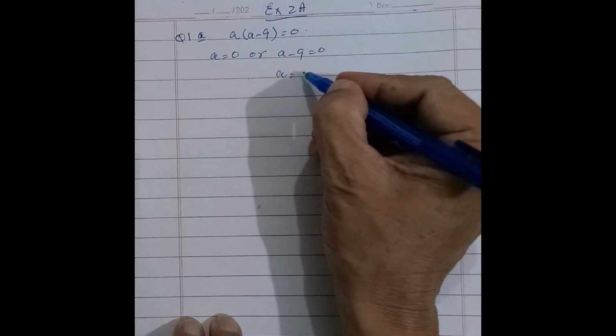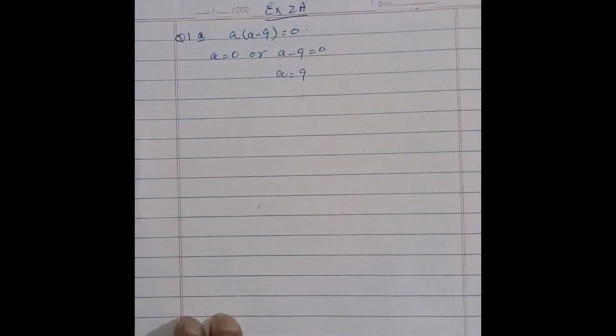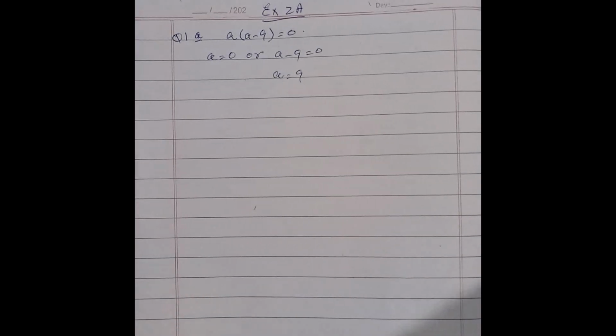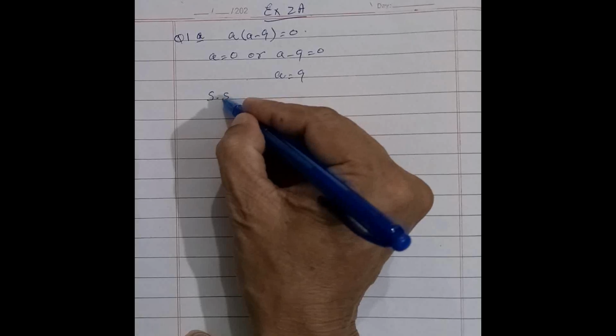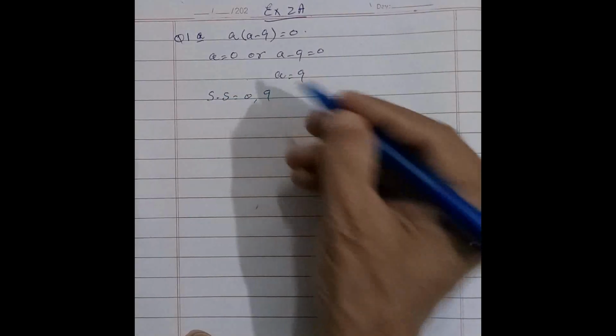In this way, A is equal to 9. So the solution set of A is 0 and 9.